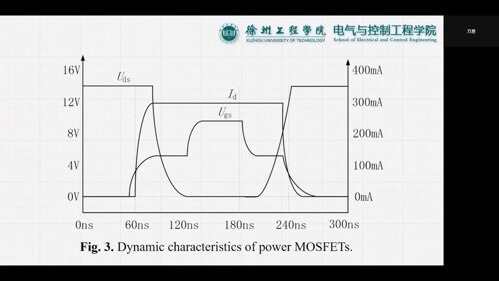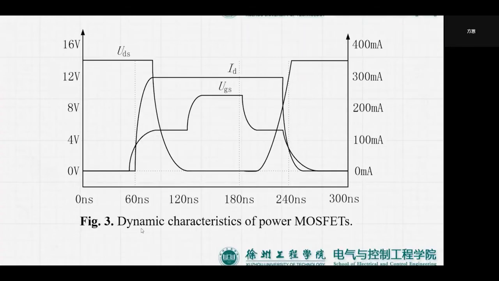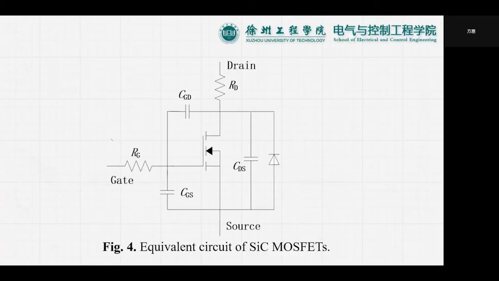And Figure 3 shows the dynamic characteristics of the power MOSFET. Based on the equivalent structure of silicon carbide MOSFETs mentioned above, the physical model can be compared to the circuit in Figure 4.